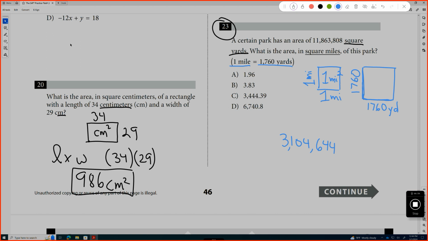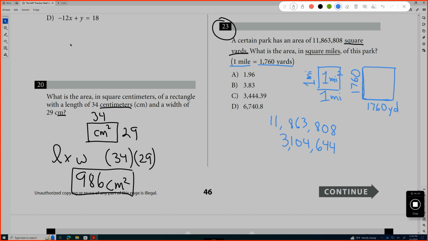If we have 11,863,808, what is the area in square miles?